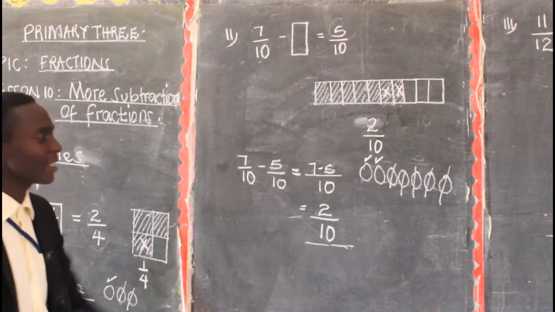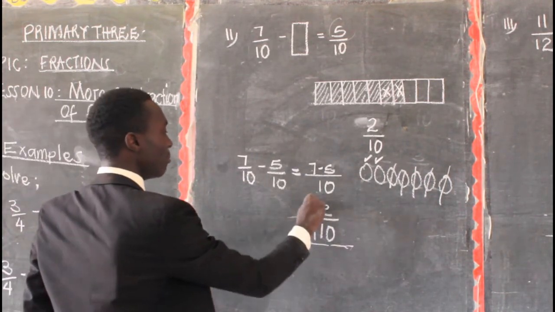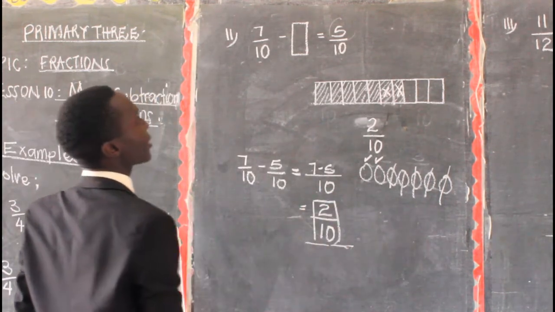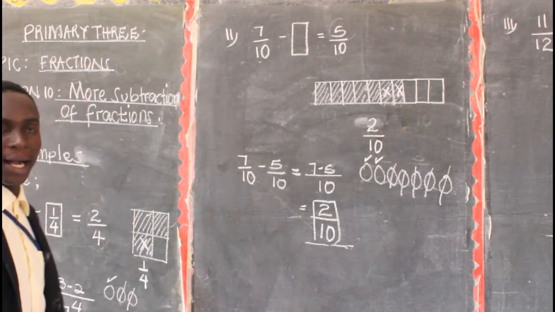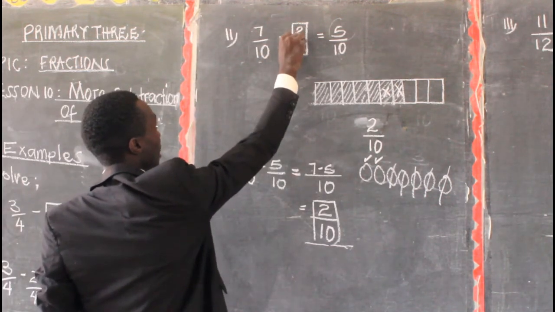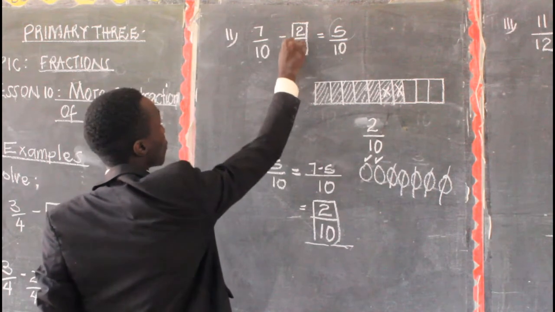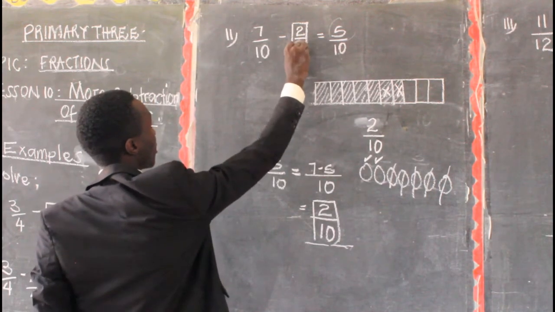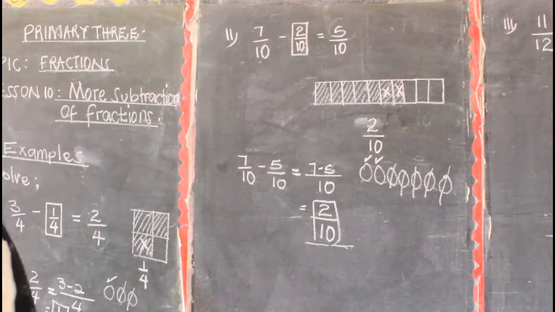After getting the answer here, you make sure that you go back to the question and fill in that my answer is 2 out of 10. That is your answer, and that's how we calculate it.